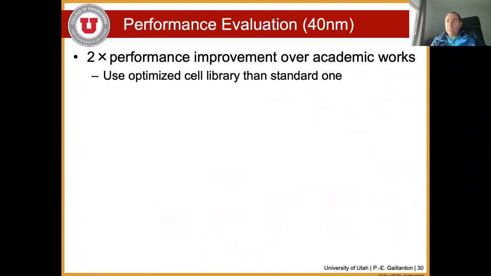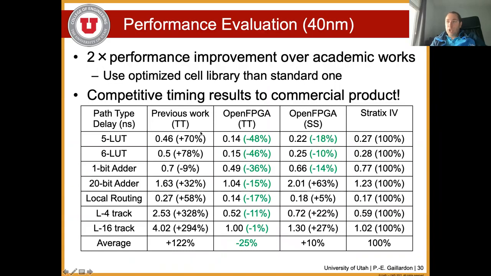If you look at performance, this table shows you the various timings you would get in the various elements of your FPGA, looking at what OpenFPGA can do across multiple corners, typical and slow, and what the Stratix 4 tells us in its data sheet. What you can see is that OpenFPGA again gives you performance that is very close to what you would get with a full custom FPGA.